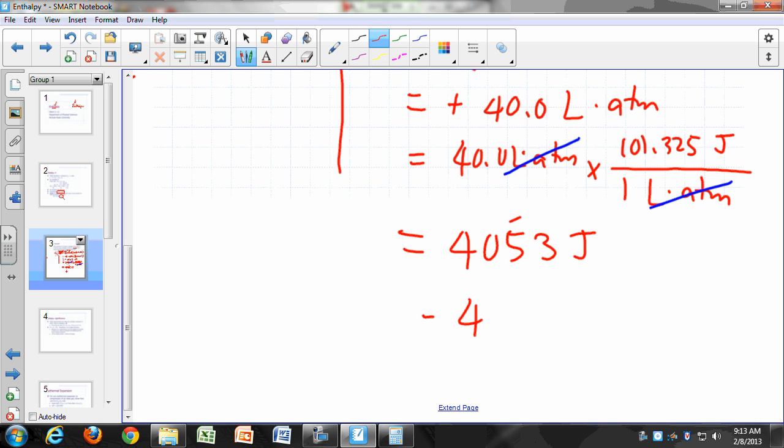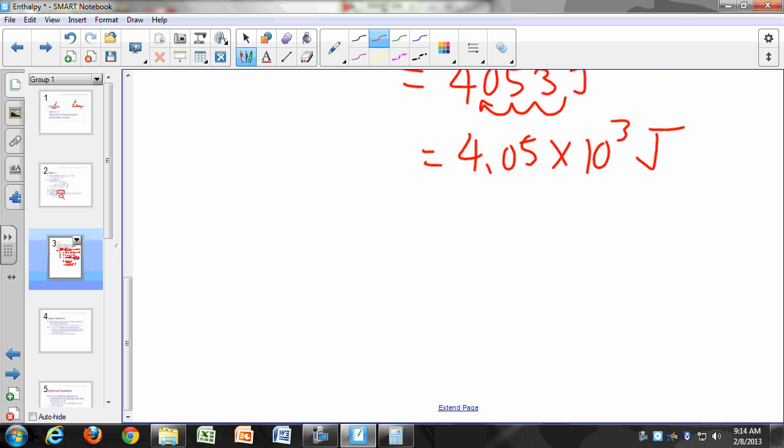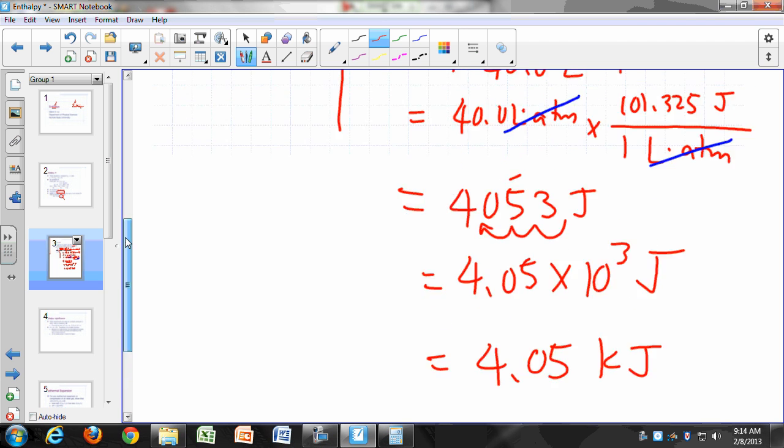So that's 4.05 times 10 to the third joules, so that's going to be 4.05 kilojoules. That's your work.